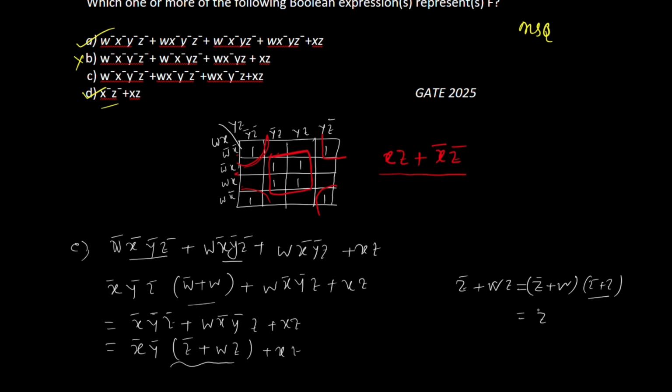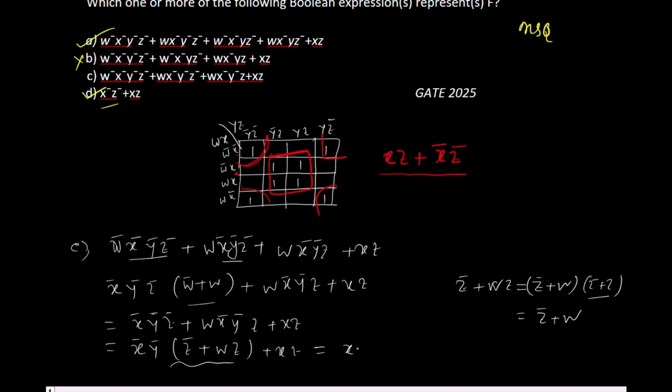So we get z bar plus w. So from here we get x bar y bar z bar plus x bar y bar w plus x z. Basically option C also doesn't match. So options A and D are the correct options for this question.